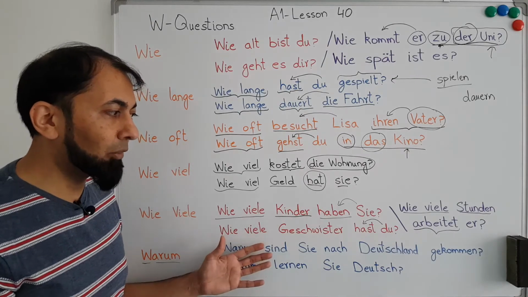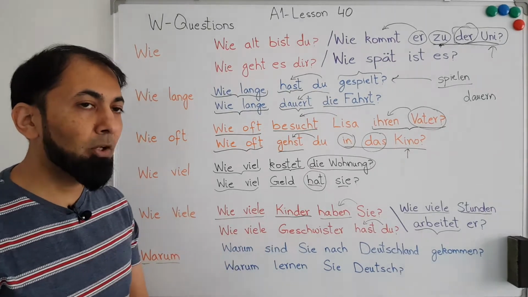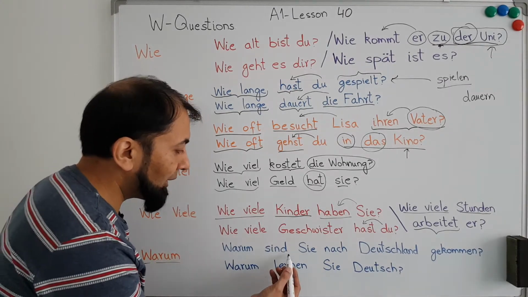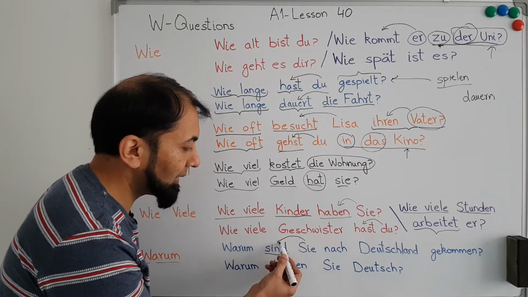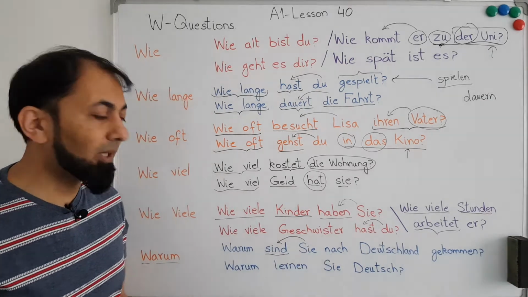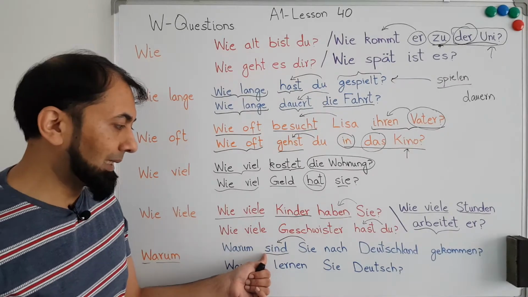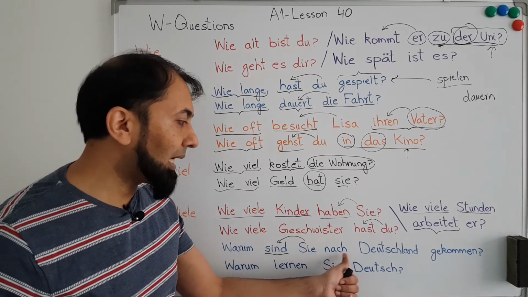And in this particular sentence, there is a movement. We are talking about going from one country to another. Therefore, we will use the verb sein and conjugate it with respect to the subject Sie, and it becomes sind.